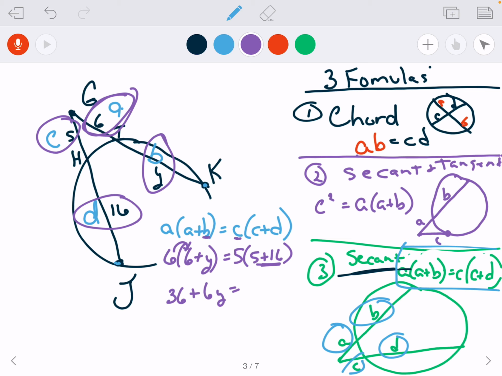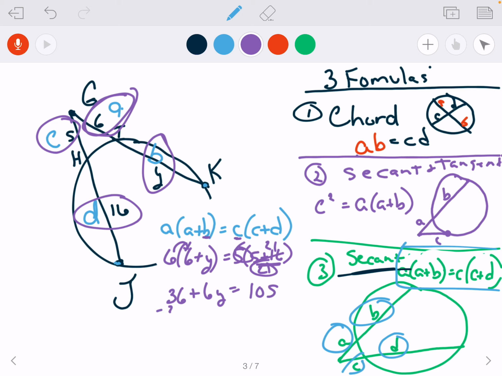All right, so 5 plus 16, I think it's 21. So I've got 21 here, and 21 times 5 gives me 105.